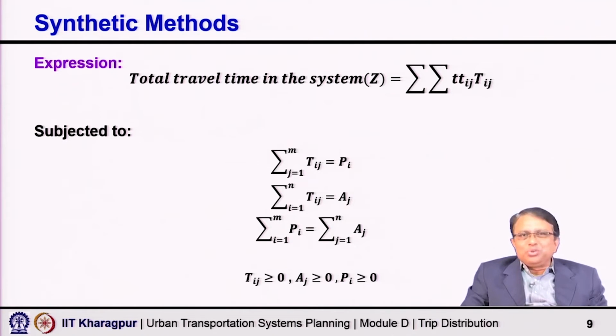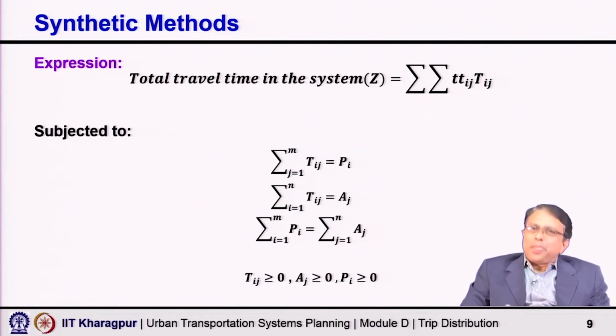I have shown two summations without indicating the limits; you can say i equal to 1 to m, or 1 to n, and j equal to 1 to n, because the same number of origins and destinations will be there naturally. I have used two different variables, but they indicate the same number.